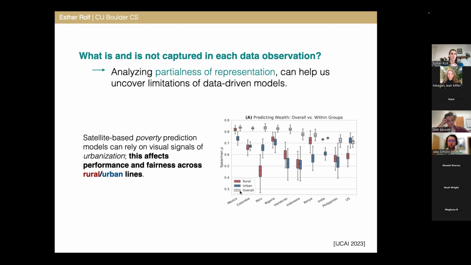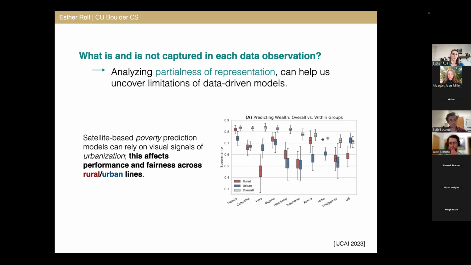But it means that performance across entire countries, which you see in gray here, is pretty high, whereas being able to determine relative wealth within only the urban part of the country or only the rural parts of the country ends up being much harder. So this is just an important thing to think about when we consider what types of performance we are actually getting out of our machine learning models: it is very dependent on the type of representation we have in that input data.